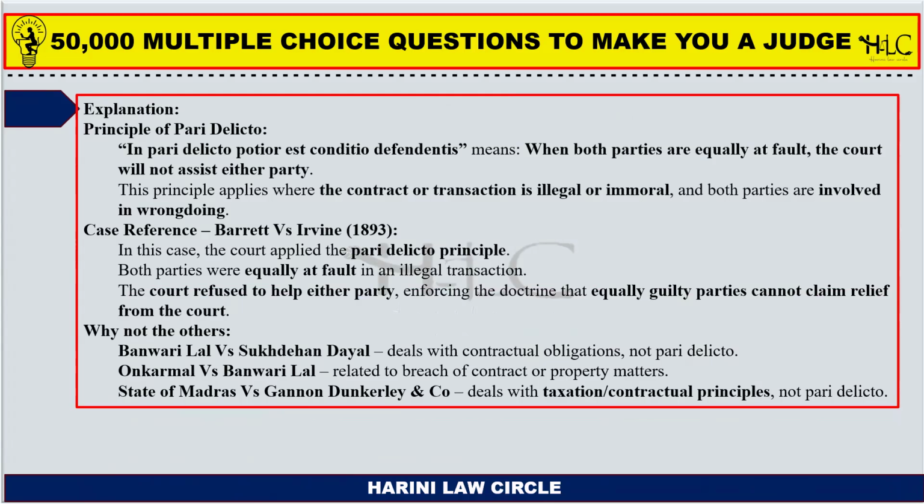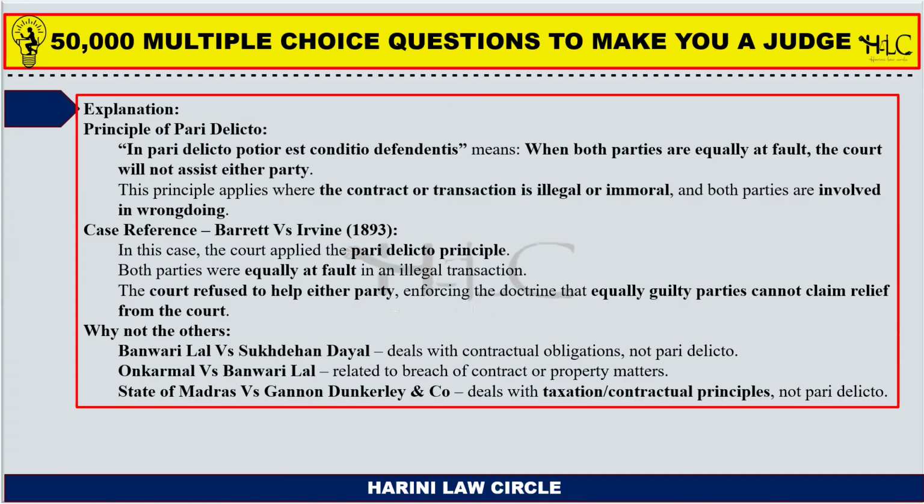So what this principle states is that when both the parties are equally at fault, the court will not assist either party. So I am also at fault and you are also at fault. So the court, even if sued by both the parties, will not assist either of us.